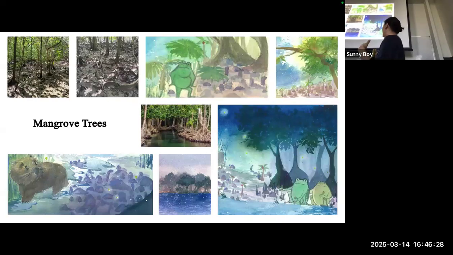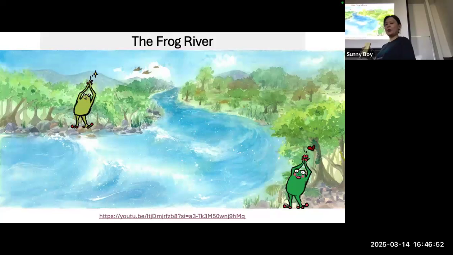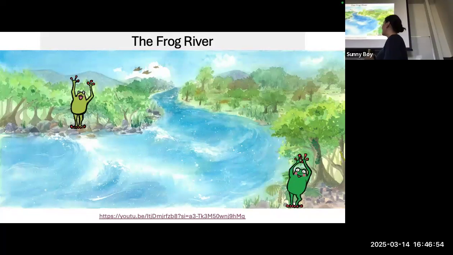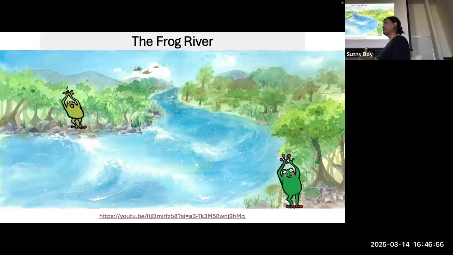So I just brought all these things together to immerse our audience into the story's world we want to show, and also to build the storytelling process in a more powerful and colorful way with the visual approach. So after all this, we want to introduce you to watch our Frog River music video. So it's everything all together.